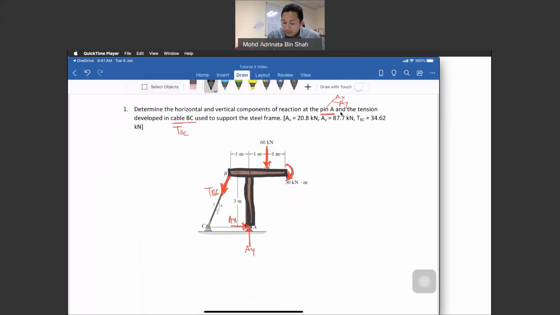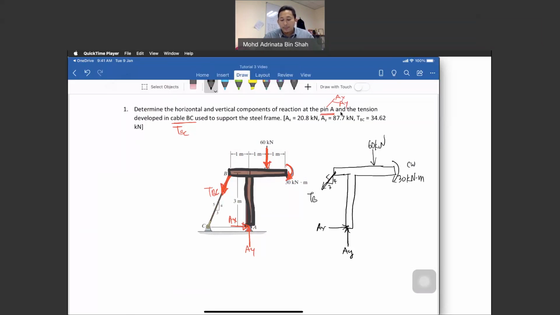in another way, for the clear version of the free body diagram, okay, so we have 60 kilonewton, we have 30 kilonewton meter, this is clockwise direction, we have tension TBC cable, this is 345, and we have another support reaction at A, AX and AY.